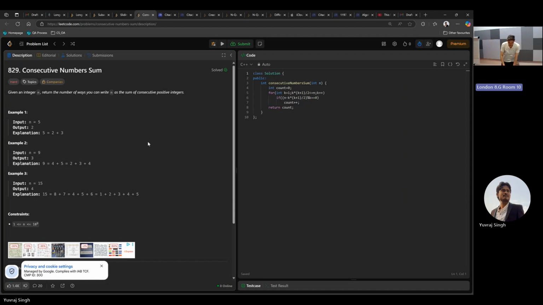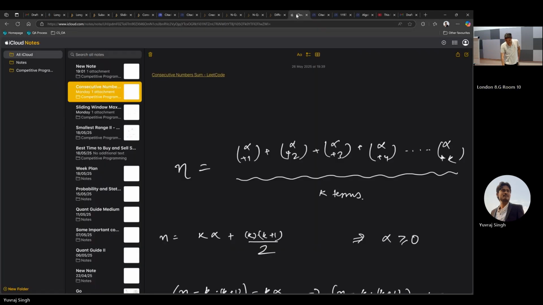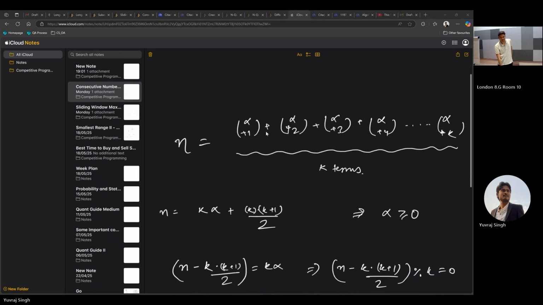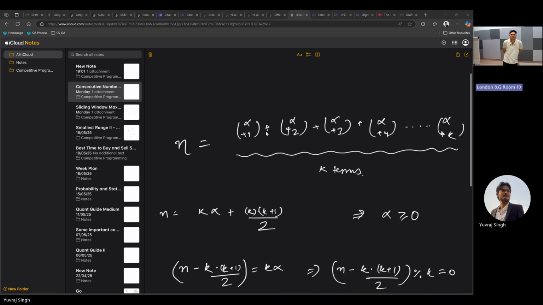For this, the code is four lines only, but let me explain the logic first, then we will go into the code. So here is the logic. First of all, one thing is pretty clear: we have to write n as a sum of k consecutive integers.